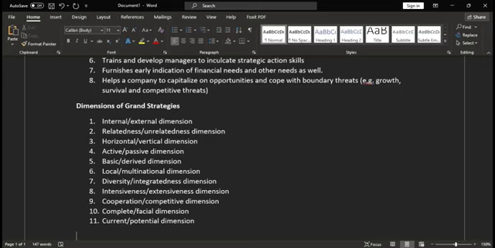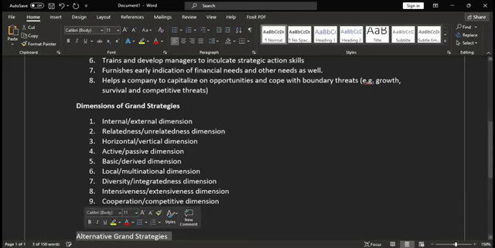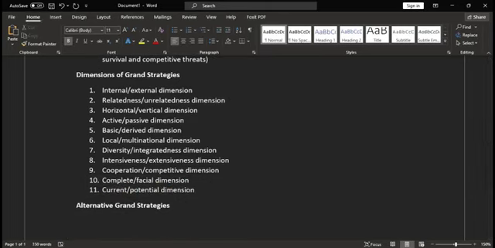Alternative grand strategy. Grand strategies are common or master strategies intended to furnish basic or generic direction for strategic action.